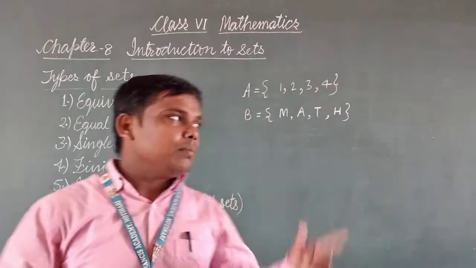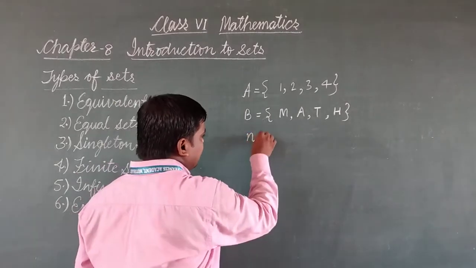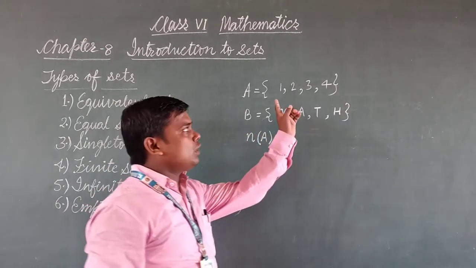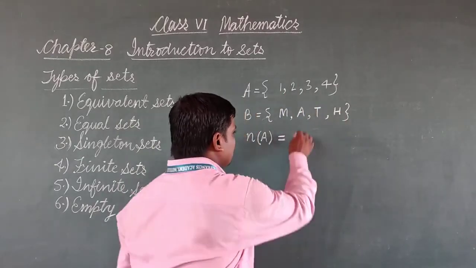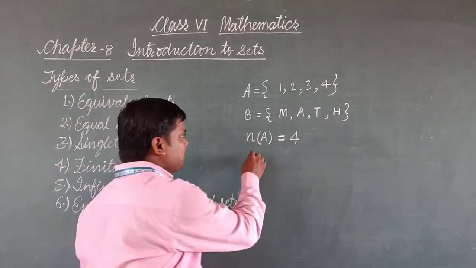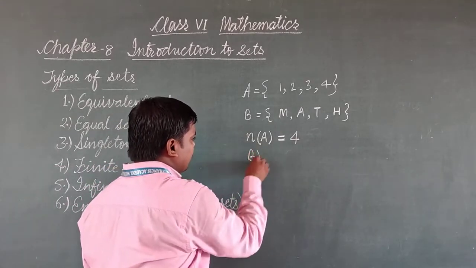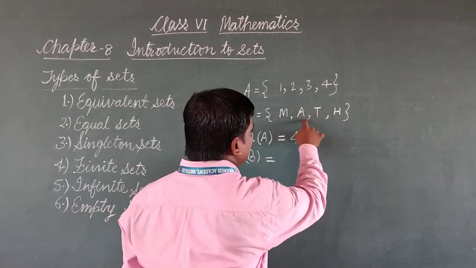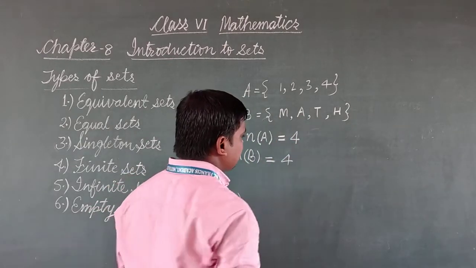Now the cardinal number of set A, you will write the total number of elements here, 4. It will be 4. And cardinal number of set B is equal to 1, 2, 3, 4. It is also 4.